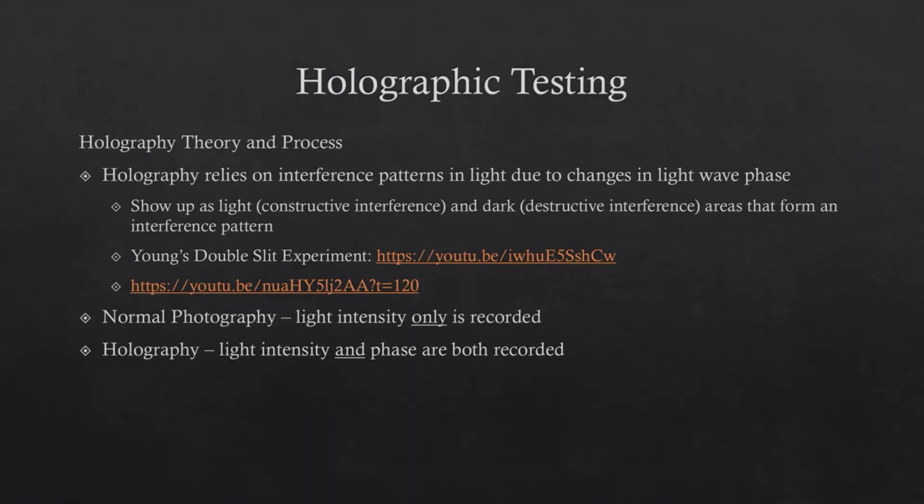So you can get constructive interference where it gets brighter in an area, destructive interference where it gets darker in an area, and it forms an interference pattern. And so if you have two lights coming in where either the phases are different or the frequencies are different, you can get this destructive and constructive interference. And you can start to map that in order to do it.